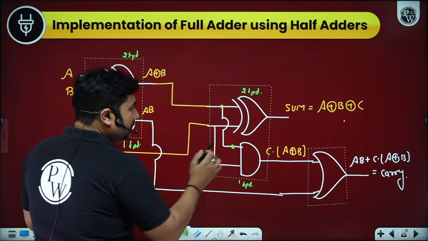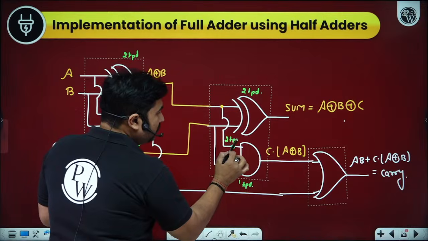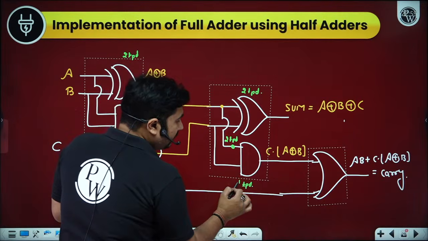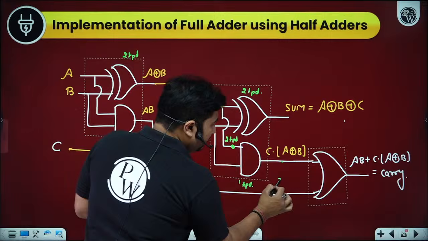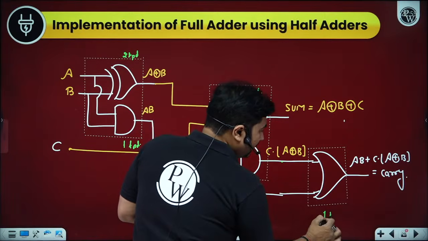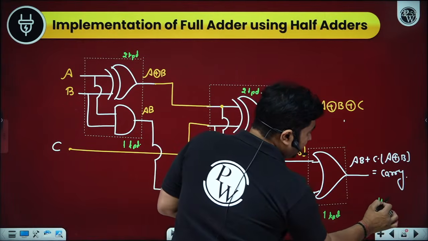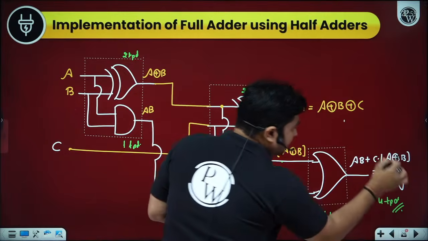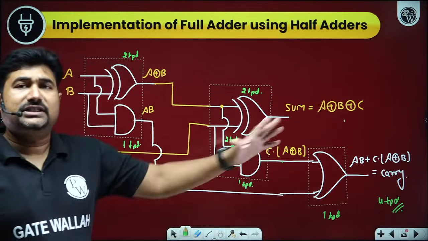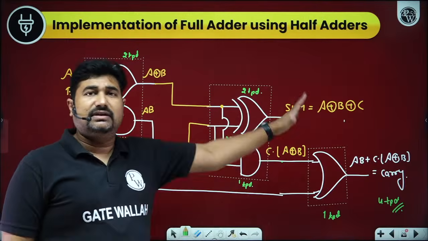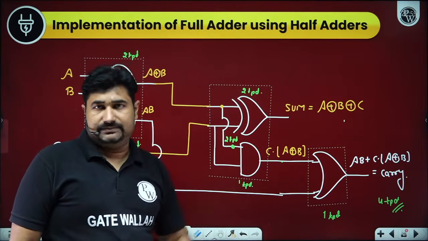Is it okay? So this will be available post 2 TPD delay. After that, it would take 1 TPD delay, so 3 TPD delay. And after that, it would take 1 TPD delay, so 4 TPD delay. So it means carry is available post 4 logic gate delays as well as sum is available post 4 TPD.